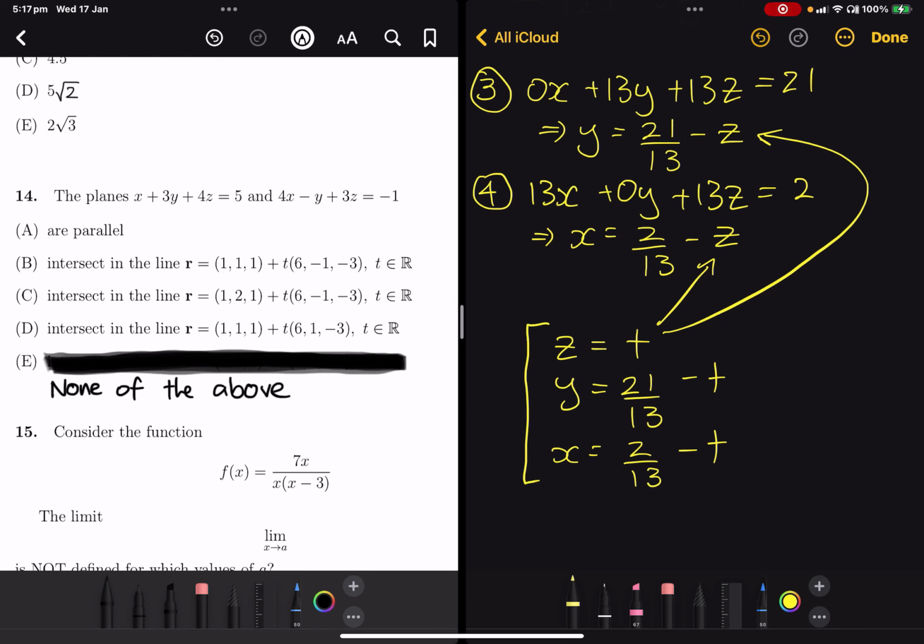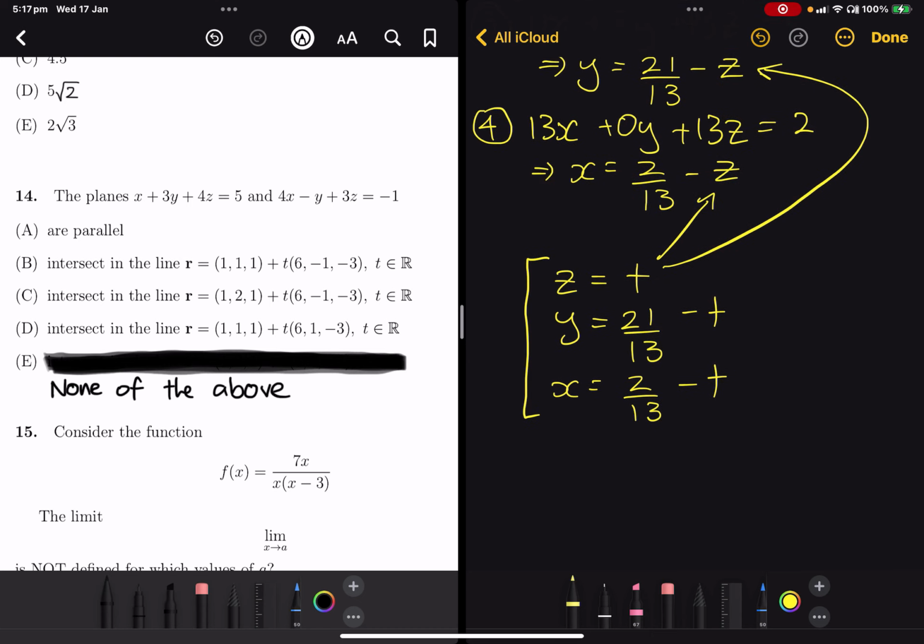And now this is essentially the equation for the intersection of the planes, right? This is the line, and we can rewrite these parametric equations in vector form to give us x, y, z is equal to 2 on 13, and then 21 on 13, and then 0, and then plus t times minus 1, minus 1, 1.